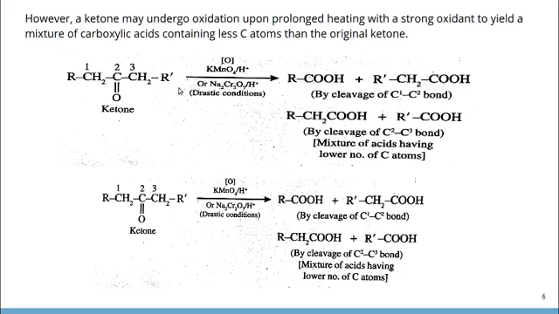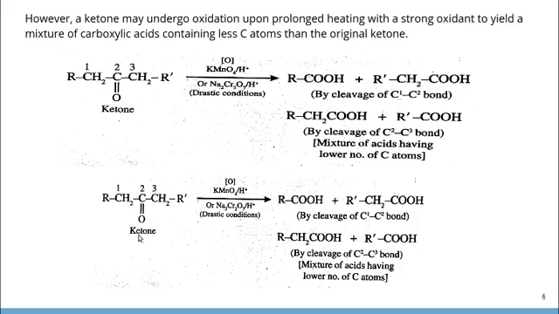But if the bond breaking occurs between C2 and C3, then we will get a mixture of carboxylic acids as RCH2COOH and RCOOH. Here the carboxylic acids are given. So a mixture of 4 carboxylic acids is obtained from one simple ketone by prolonged heating with a strong oxidizing agent.